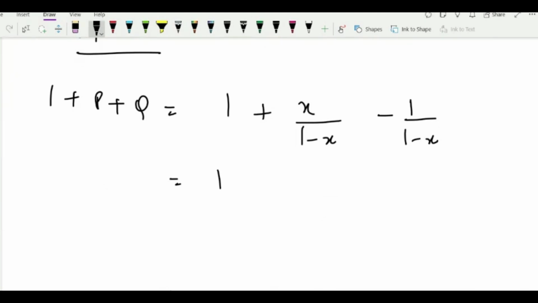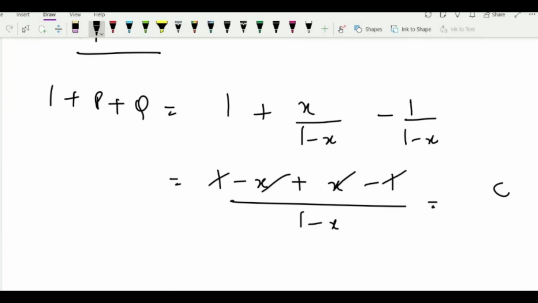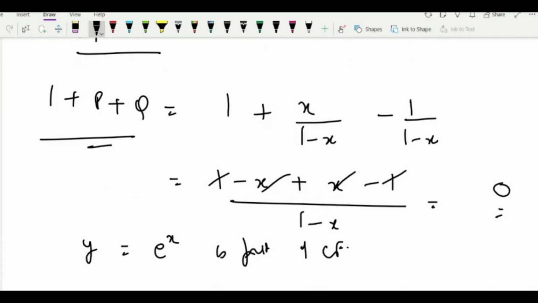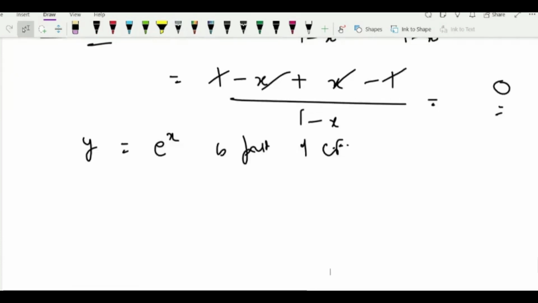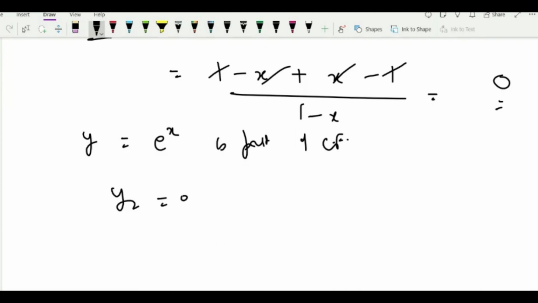So here we get 1 minus x, x minus 1 upon 1 minus x, that will cancel out and we will get 0. Again, as 1 plus p plus q is equal to 0, we get y is equal to e raised to power x is part of CF. So we can take the second independent solution y2 as e^x.